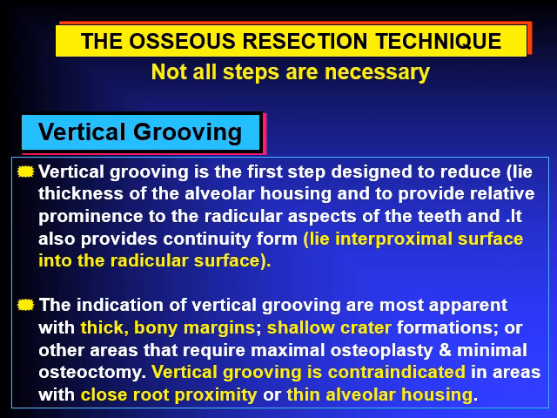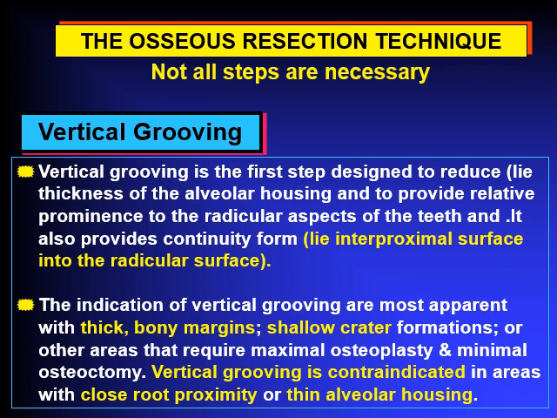It is the first step designed to reduce the thickness of the alveolar housing and to provide relative prominence of the radicular aspects of the teeth. It also provides continuity from the interproximal surface into the radicular surface.